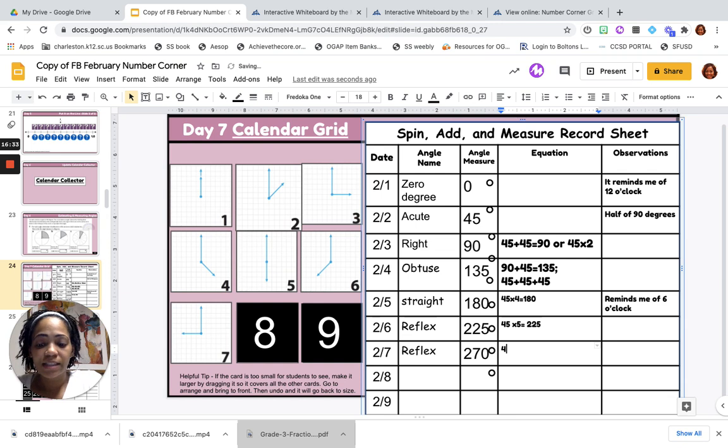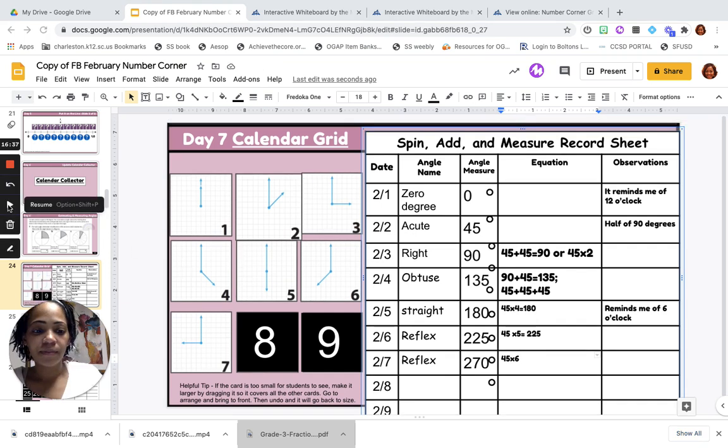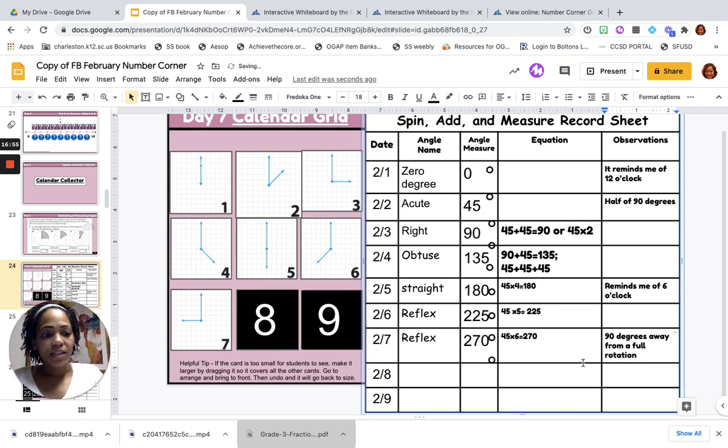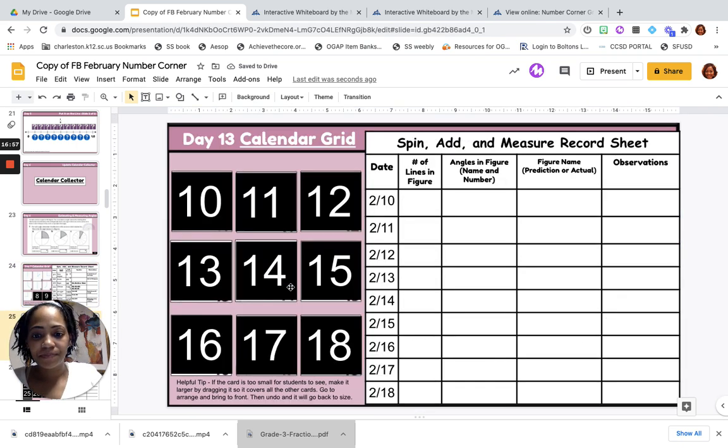And I know that's the same thing as 45 times 6. And 45 times 6 is 270 degrees. If I were to make observations, I could say it's 90 degrees away from a full rotation, which it is, right? Okay, now let's look at the 8th.